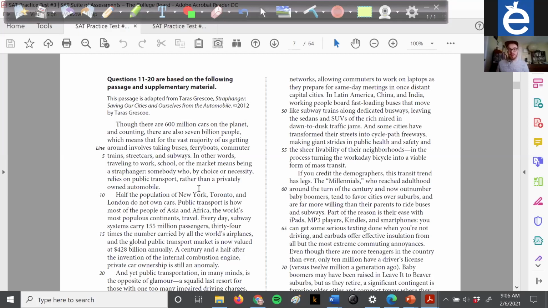We might be given a hard science passage or a social science passage. Hard science usually has to do with chemistry or biology. The social sciences, they do have to do with data, but they also have to do with human behavior. And that's more of what we're looking at here.